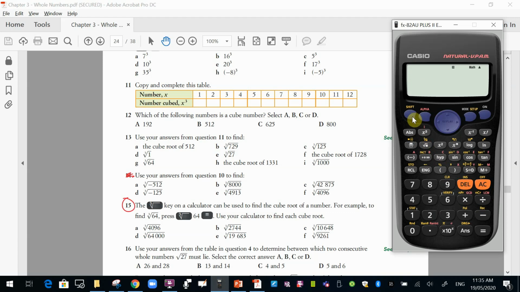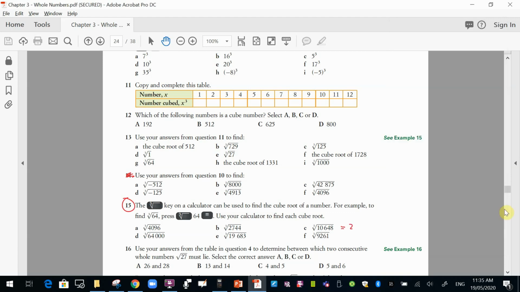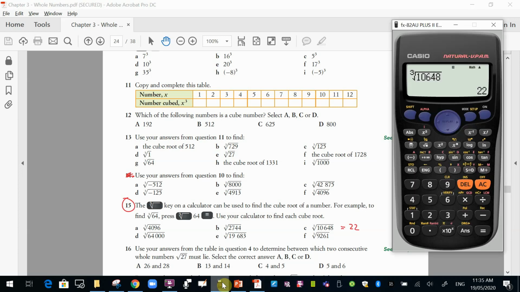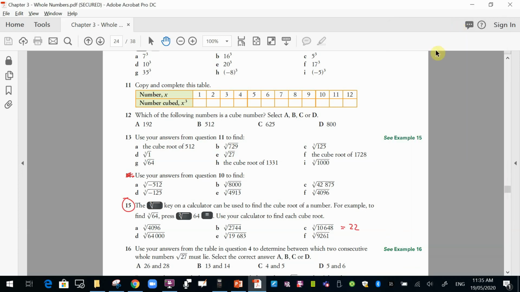We find the cube root button, press shift, and the square root button gives you cube root, and we do 10,648. 22. Just double check. Yep, because 22 times 22 times 22 is 10,648. So that's how you do the rest of question 15.